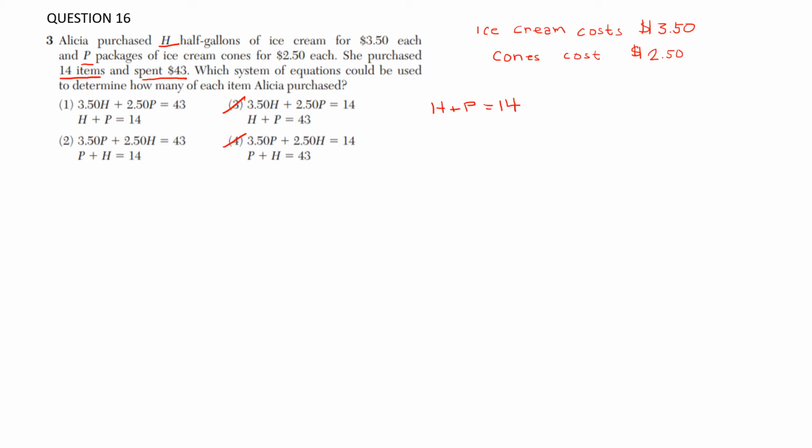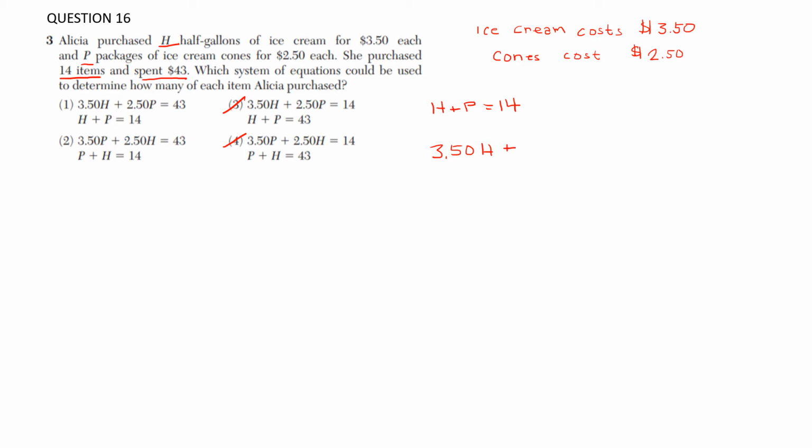Now let's look at the total amount of money she spent. Because she purchased h half gallons of ice cream for $3.50 each, we can do 350 multiplied by h. That gives us the total amount of money she spent on half gallons of ice cream.